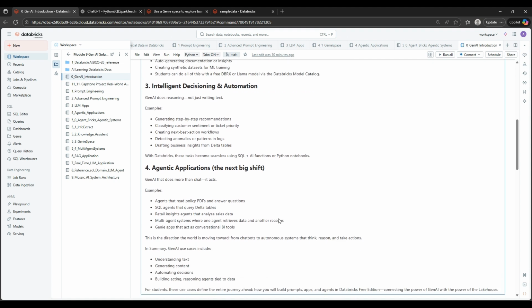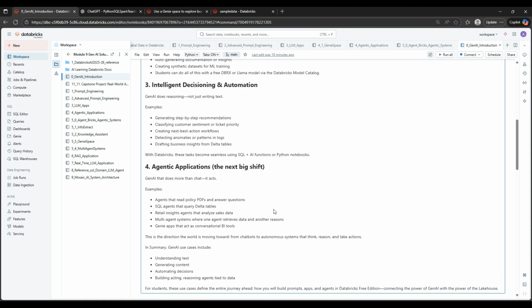Then the other part is agentic application. That's the new way of doing it. Earlier we used to just converse with generative AI just like we are conversing with an intelligent person, asking a question and getting the answer. But then there came the agentic application where we just need to instruct generative AI in the right way, and then an intelligent system would be created which can do multiple things.